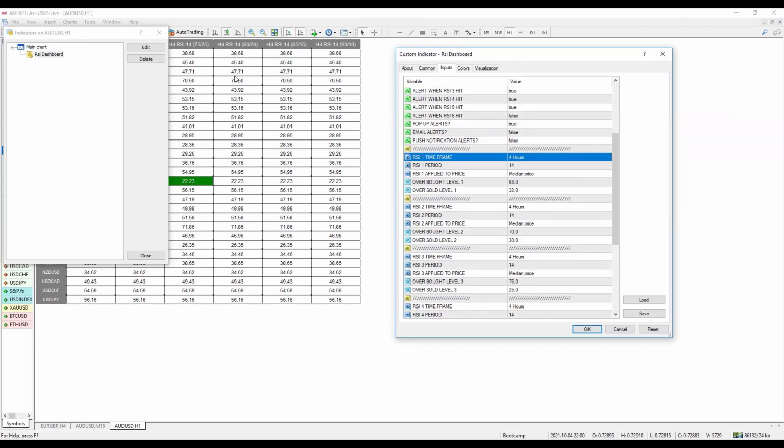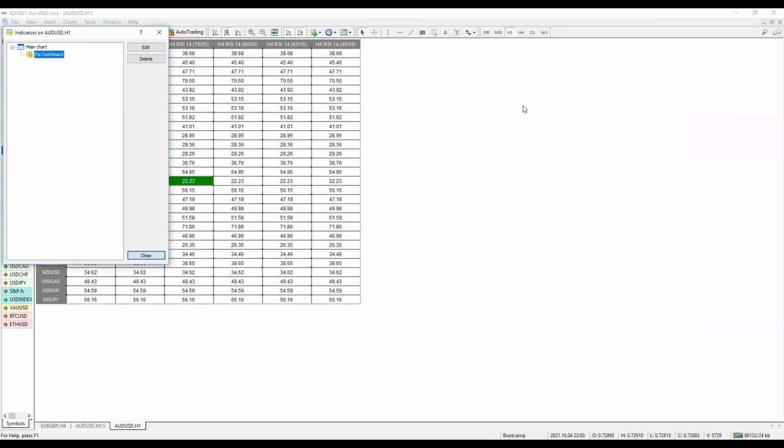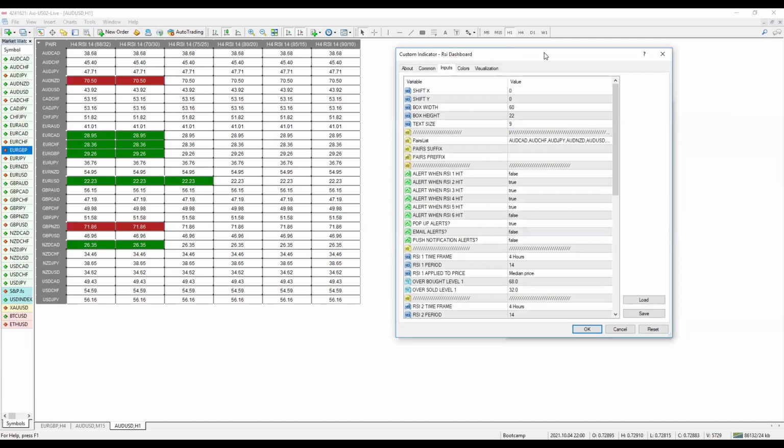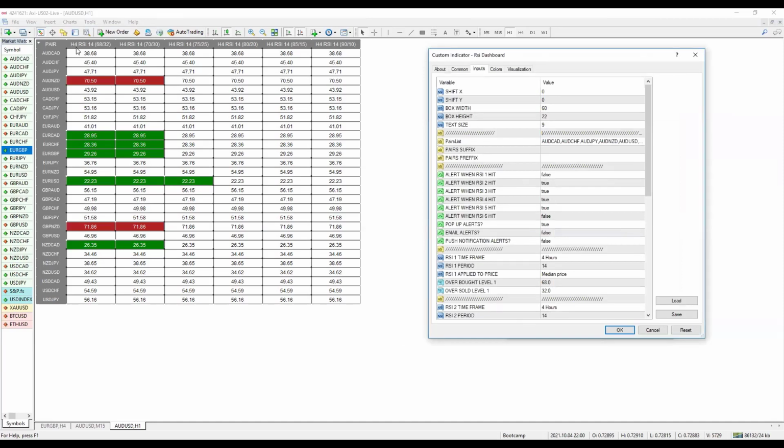So you can set this up, as I have it now, to show just the 4-hour RSI. It shows me different levels of RSI. Let me just move this out the way so you can see. I have my dashboard set up so that it shows me the 4-hour RSI 14, 68 and 32 levels.